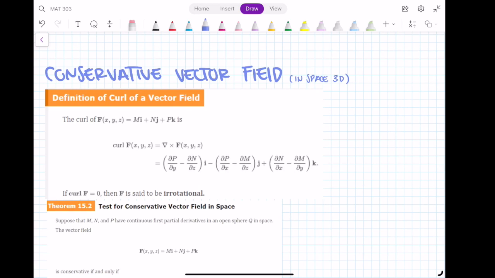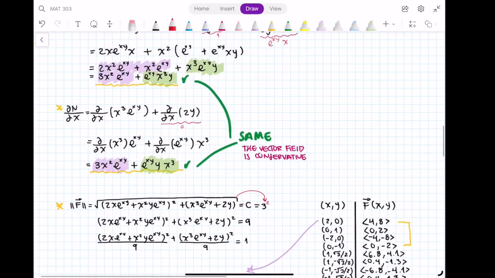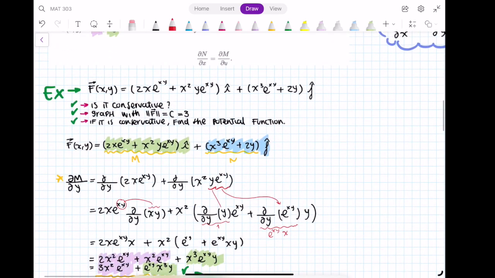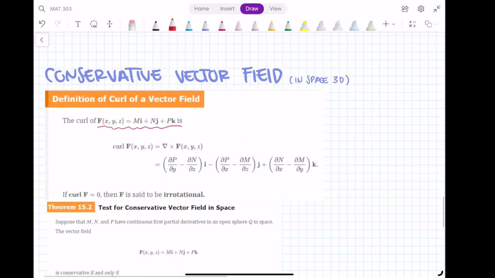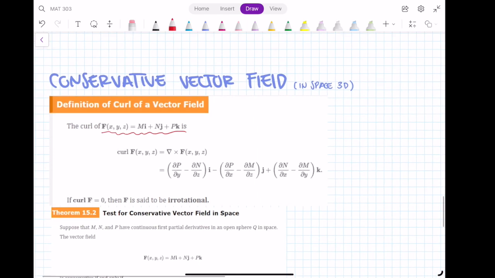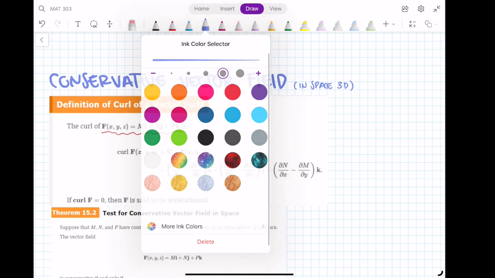This is pretty similar to what we did before here, as M and N, but now we have a z-axis, right? This is key for us, right?